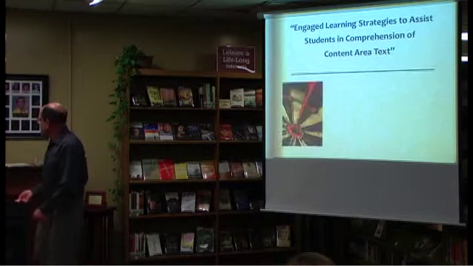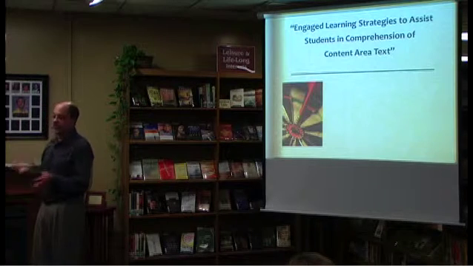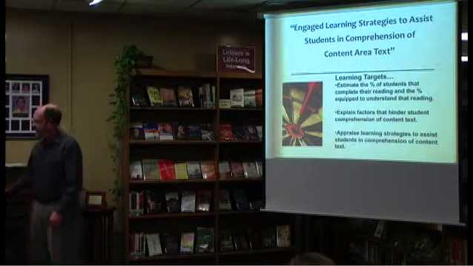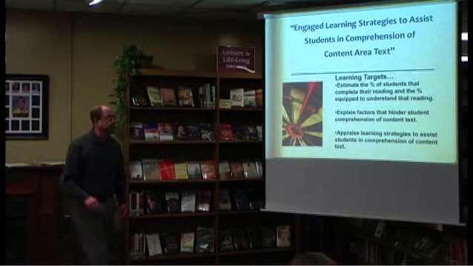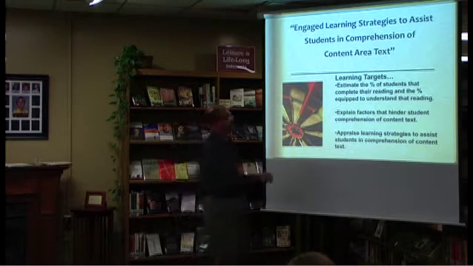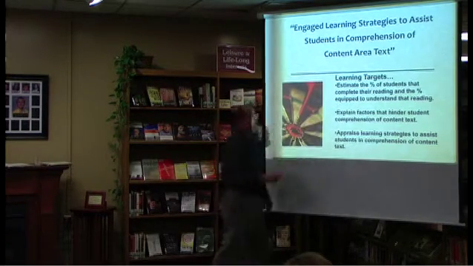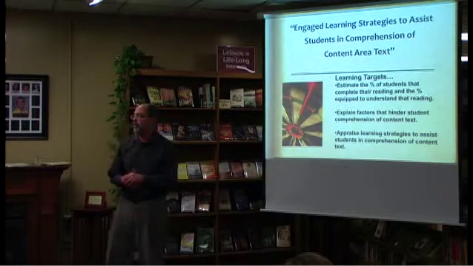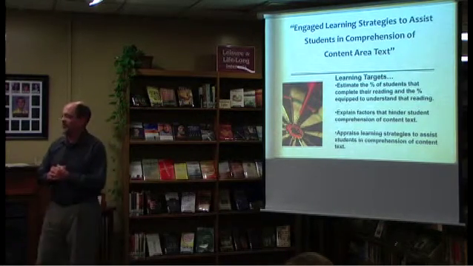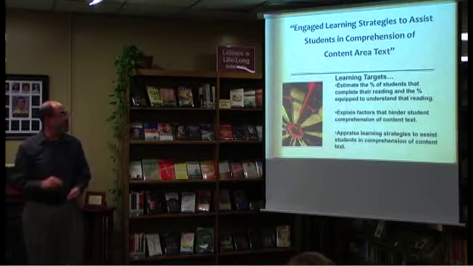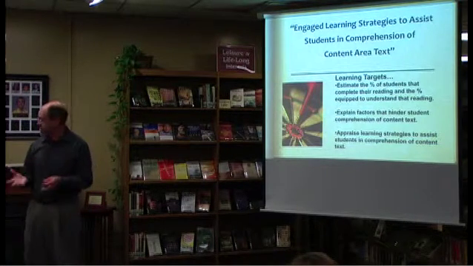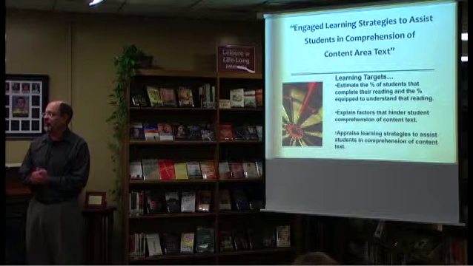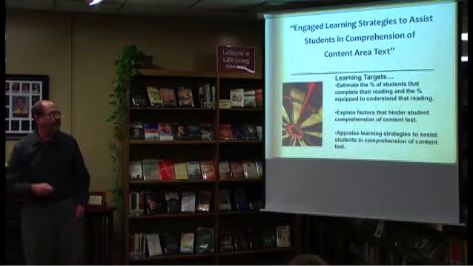I'd like to show you what I'm calling our learning targets for the session today. There really are three of them. I'd like you to think through an estimate of the percentage of students that really complete the reading that you assign to them. And then of those that do complete the reading, what percentage of them are really understanding what it is that they're actually reading.